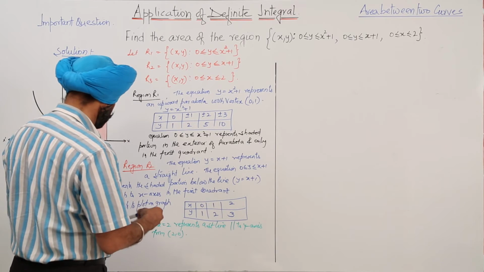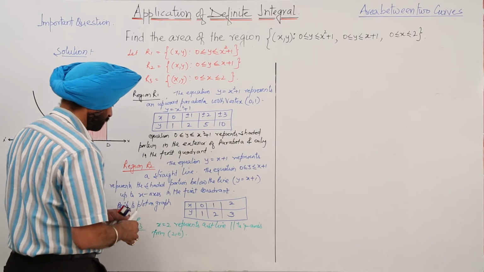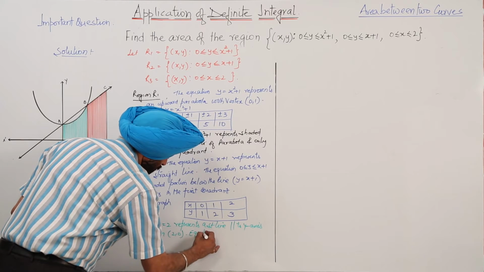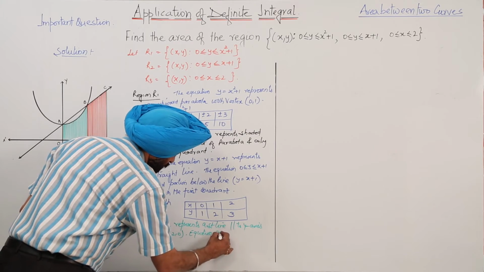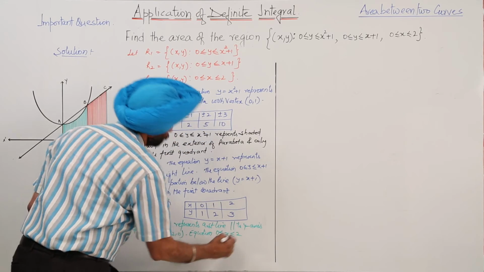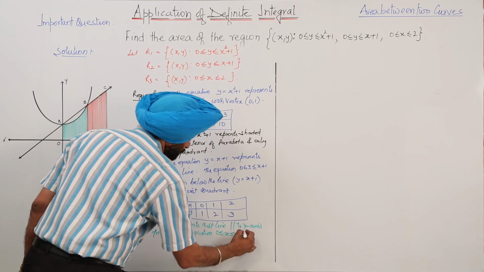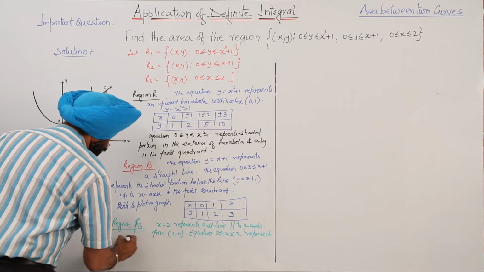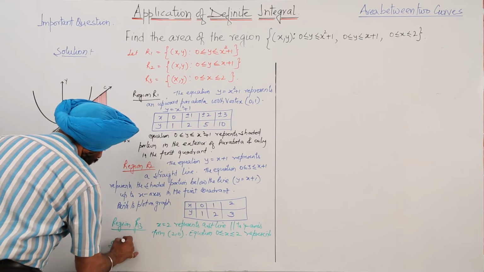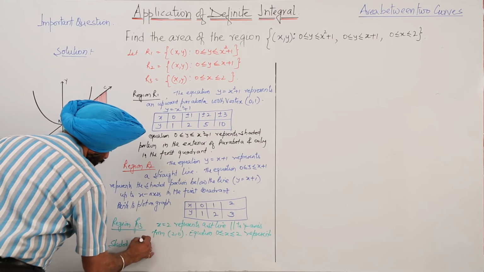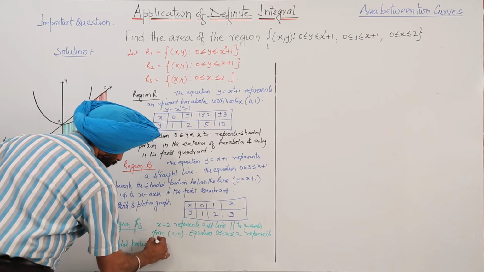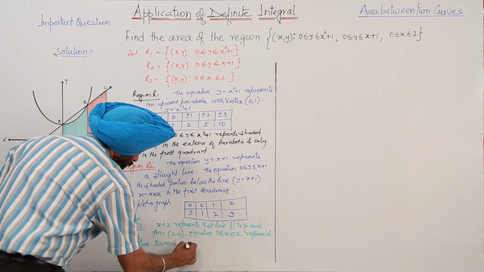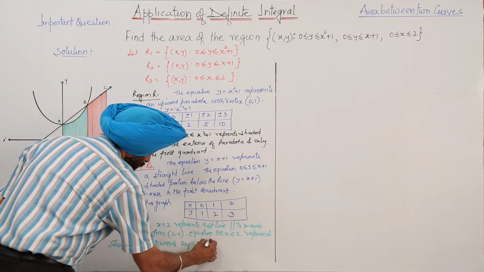Now, the equation 0 ≤ x ≤ 2, the third one, represents the shaded part or portion towards the origin in the first quadrant.